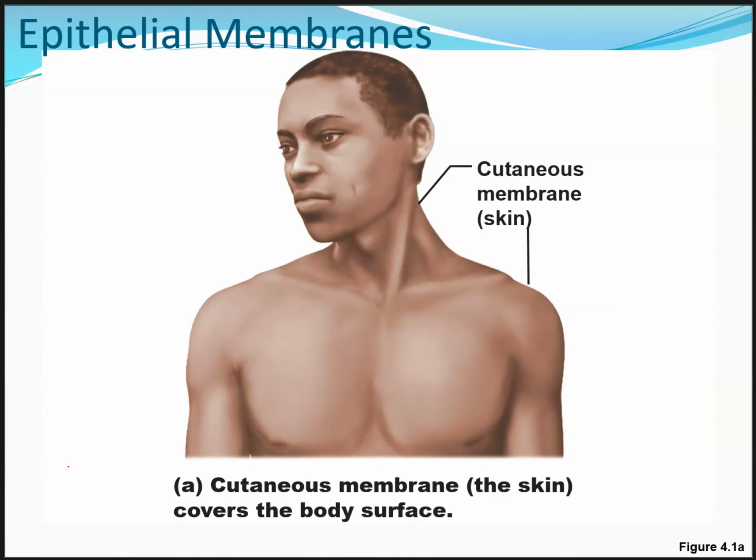The cutaneous membrane is composed of keratinized, stratified, squamous epithelium. This is the type of epithelium we talked about, and they are stratified, meaning they're present in layers. This type of membrane is just on the skin, so it is exposed to the air.